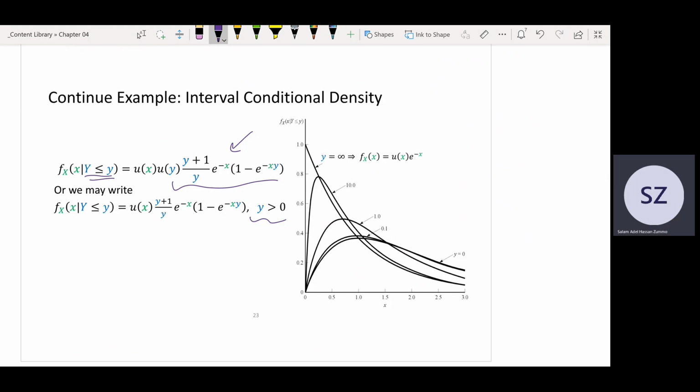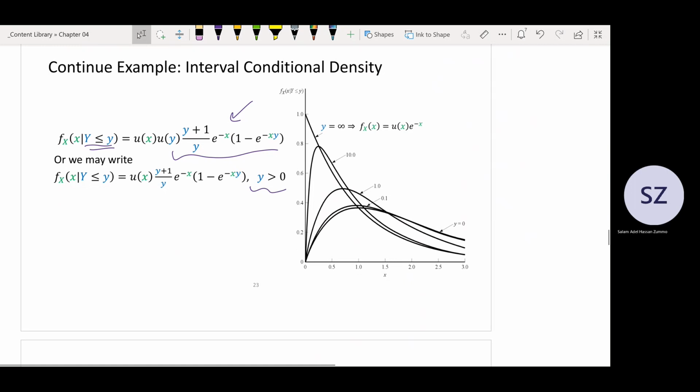Now, if you plot this, just to visualize what is happening. We are plotting here fx of x given y less than a specific value. So we are plotting first of all for the value of y equal infinity. What does this mean? We are finding the PDF of x given y less than infinity.